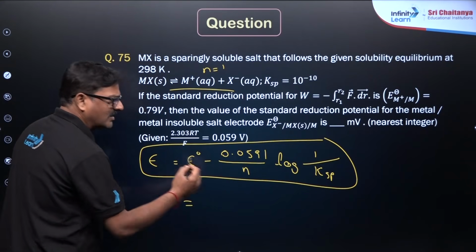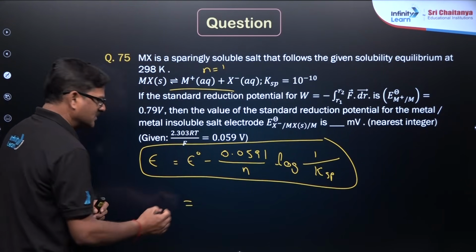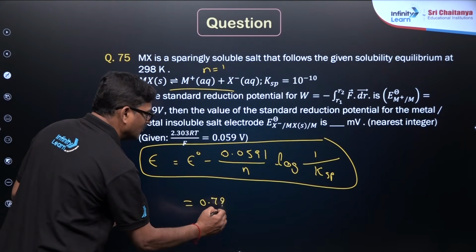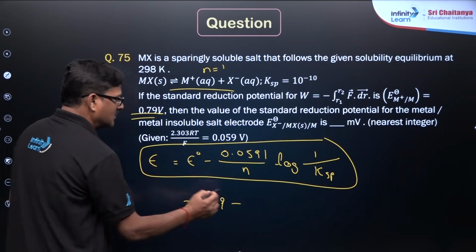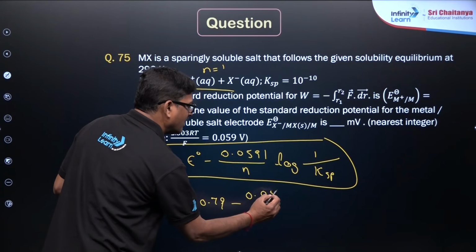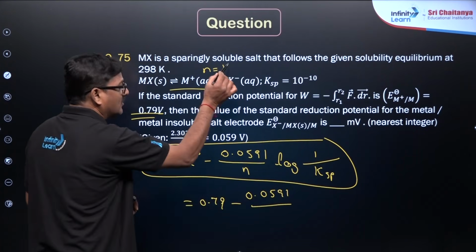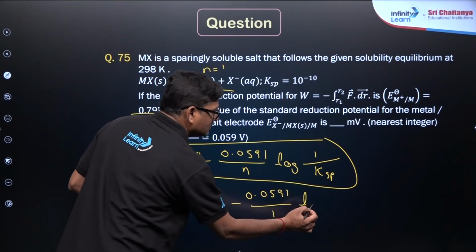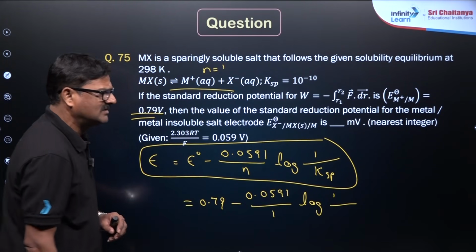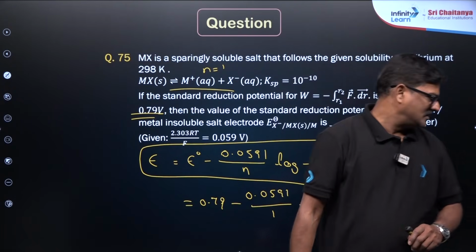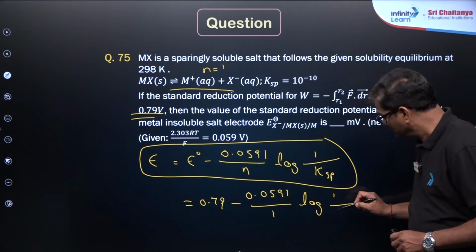So the E° value is given as 0.79, minus 0.0591 as the n value is going to be 1, into log 1 by Ksp. How much is Ksp given?